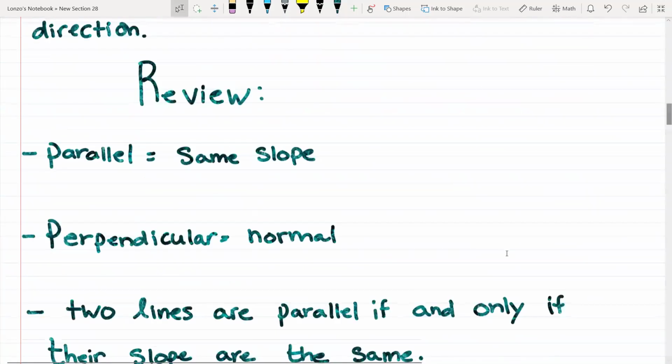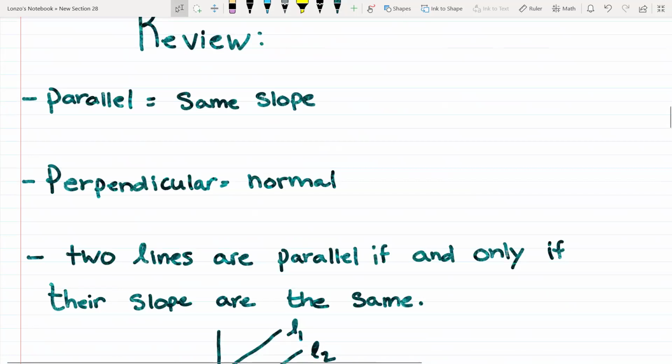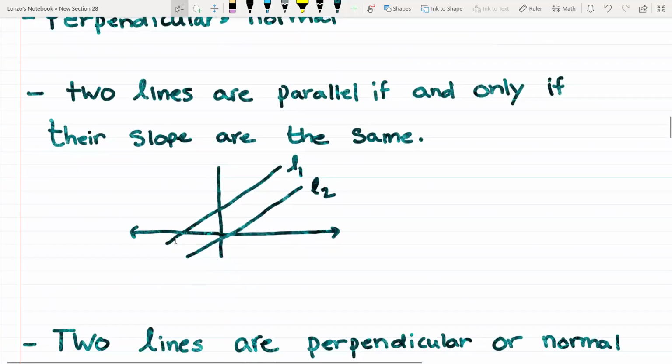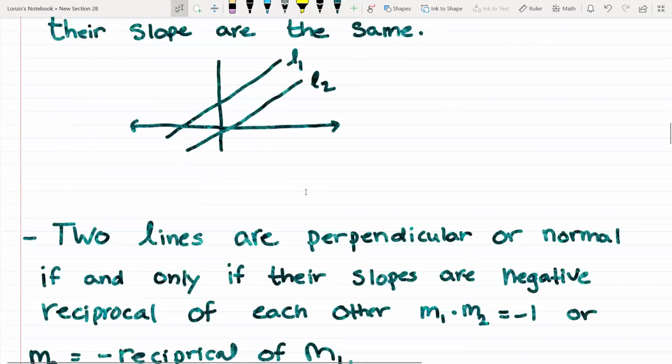And then some review terms. Parallel equals same slope. Perpendicular is also known as normal. So whenever you hear the word normal, it's definitely perpendicular. Two lines are parallel if and only if their slopes are the same. Here's an example: two parallel lines, the slopes are definitely the same.